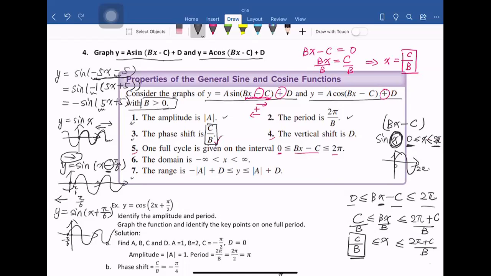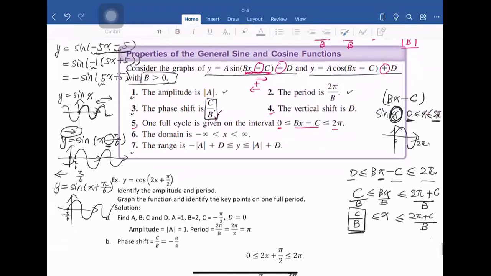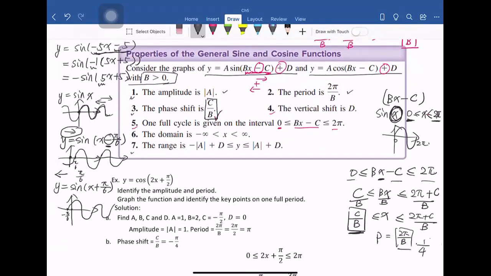So the phase shift is the starting point for the full cycle. We have learned that if we have the starting point, and then we have the period, which is 2 pi over b, we multiply this by 1/4.